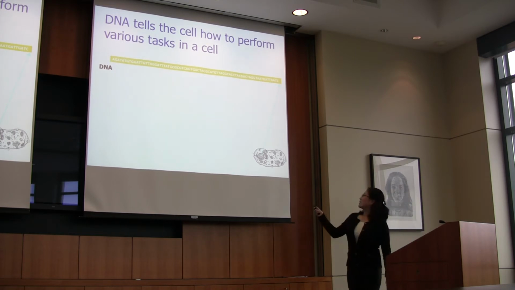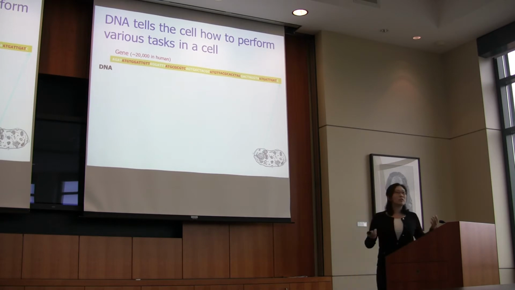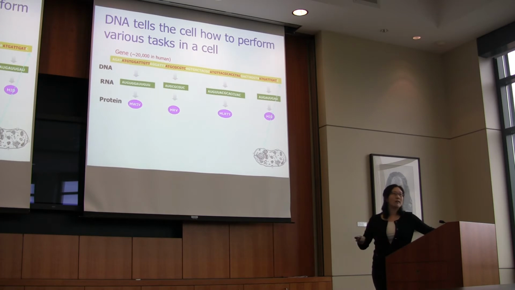Like I said, each cell has a genetic material called DNA, and it's a long sequence of A, C, G, T. And there are regions called genes, very important regions. In human, there are 20,000 of those. So what is so special about genes compared with the rest of the regions in the DNA? They can produce a different kind of molecule called RNA.